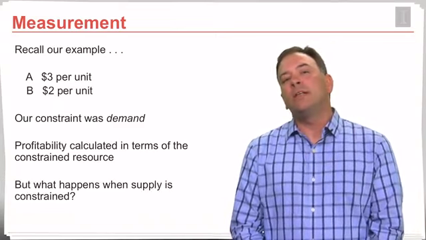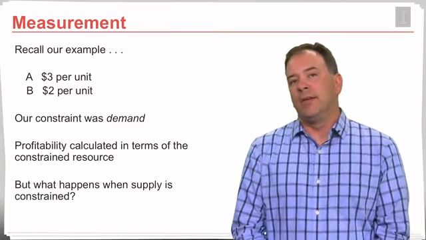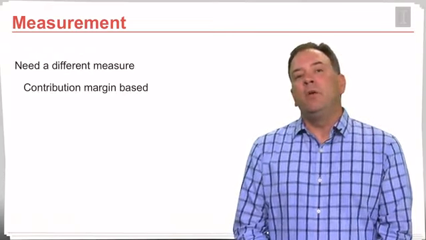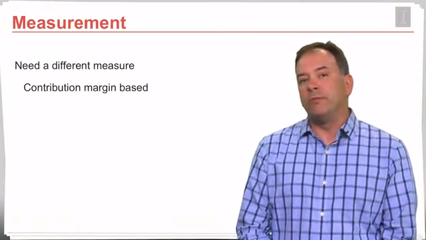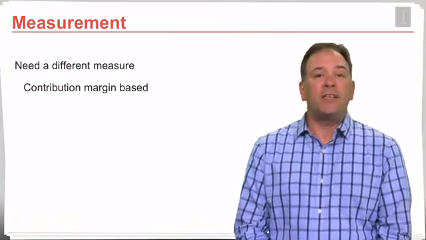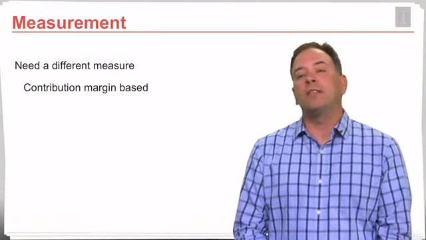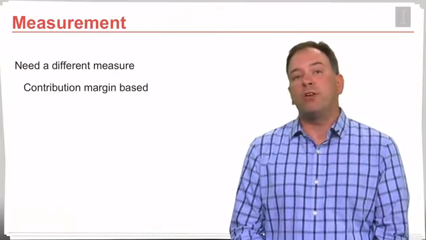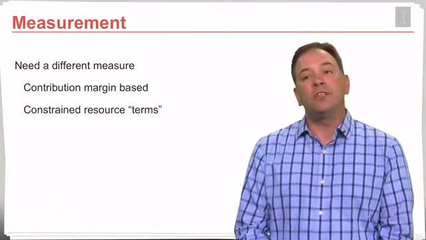But what happens when supply is constrained? In that situation, we need a different measure. Specifically, we're going to focus on contribution margin. Again, fixed costs or capacity costs remain the same regardless of what it is that we're doing. So the revenues minus the variable costs is the most relevant measure of profitability in many of these decisions.